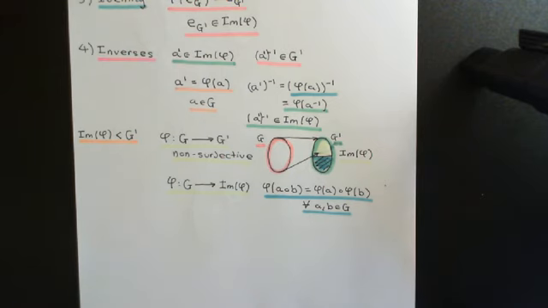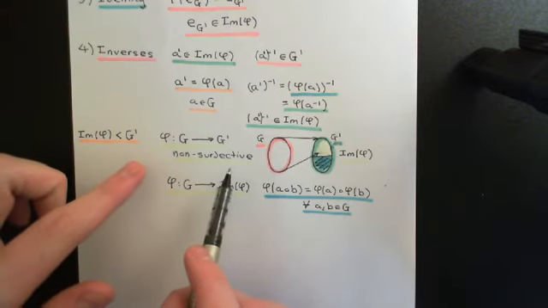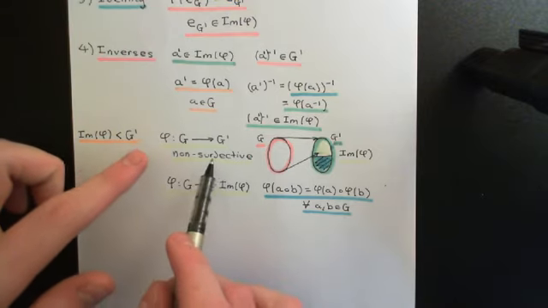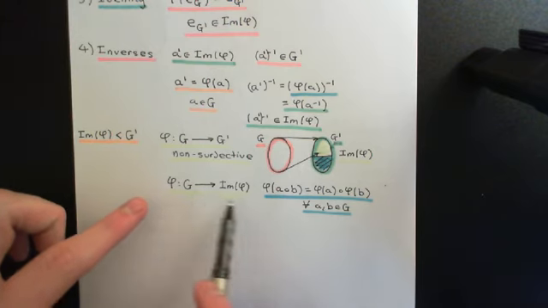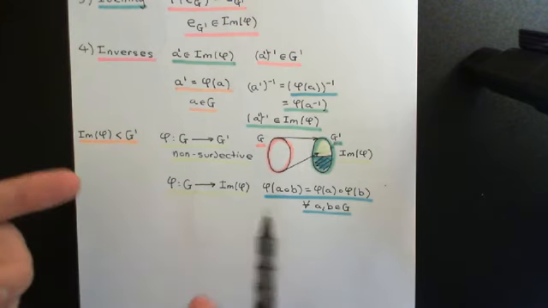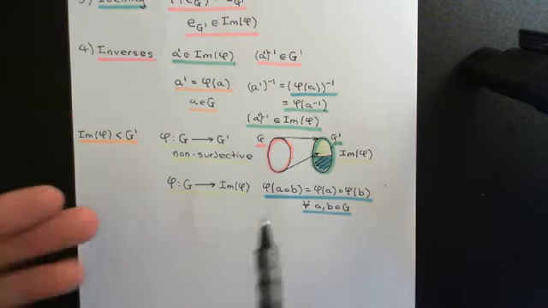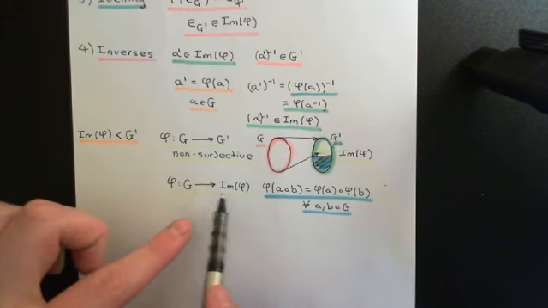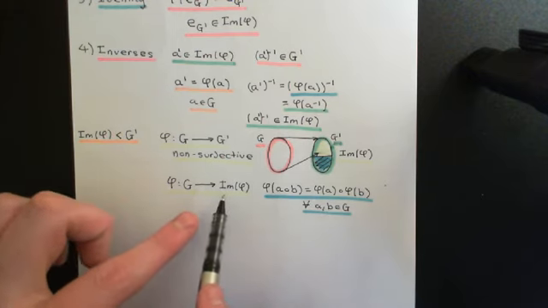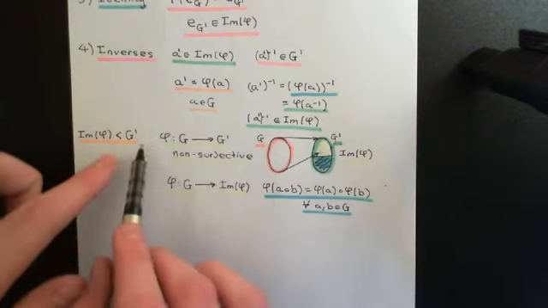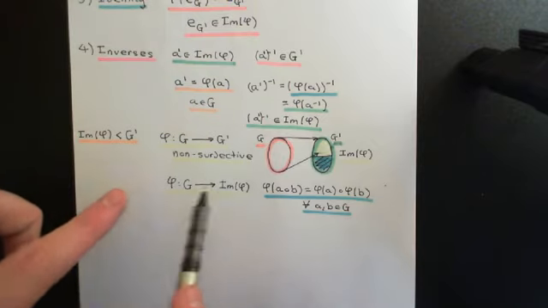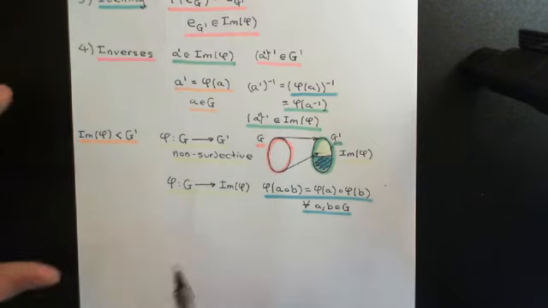So what I've just shown you is that if you start off with a non-surjective homomorphism, you can reduce it into a very much related homomorphism, in fact the identical homomorphism, where you've just changed the codomain so that it's restricted down to the image of the original homomorphism. Now it is a surjective homomorphism.